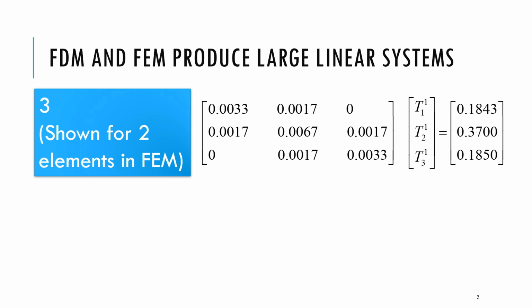In the finite element method that we developed earlier in a separate video, we showed that for two adjacent elements, these are 1D, so there are three unknowns: T1, T2, T3, so it's like this, 1, 2, 3.